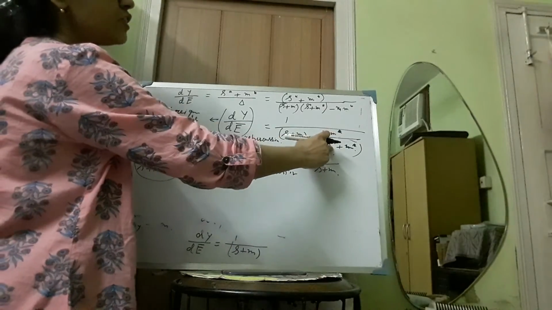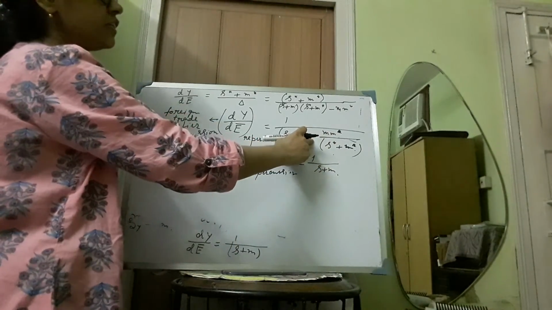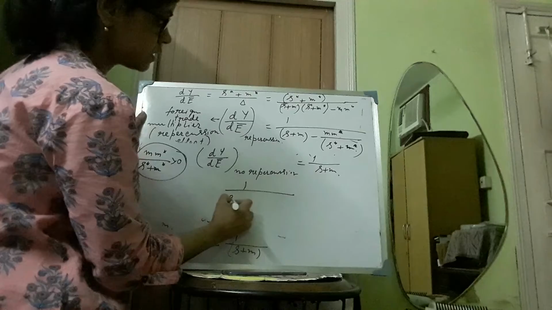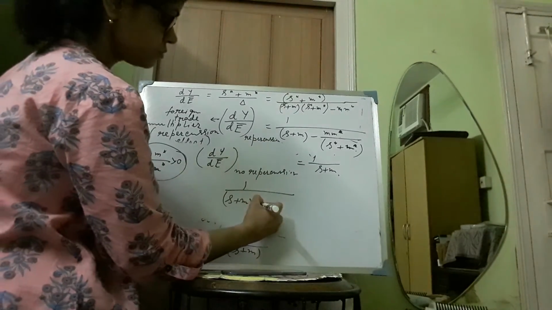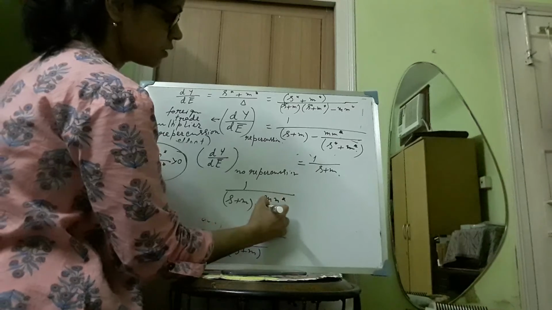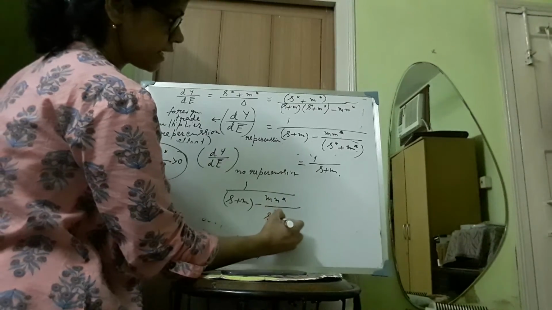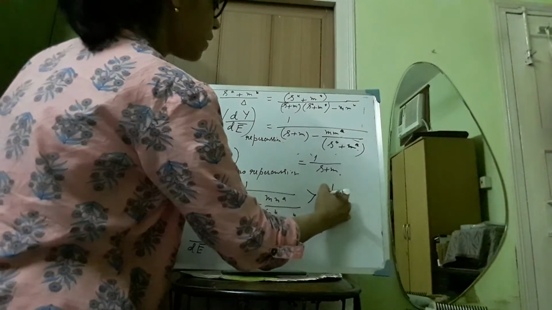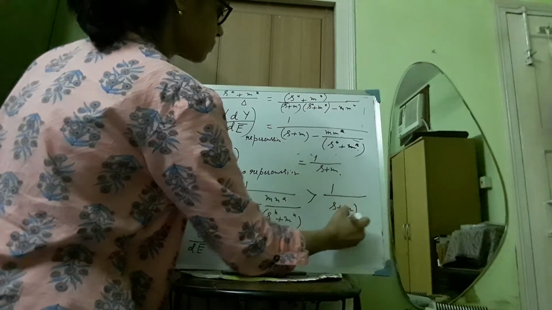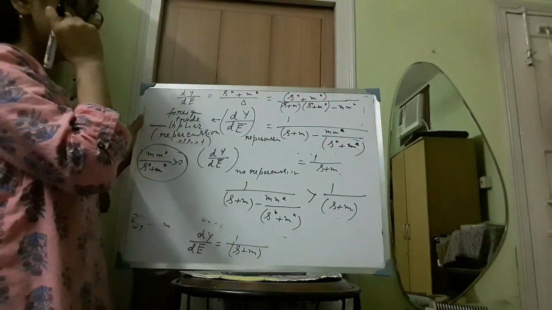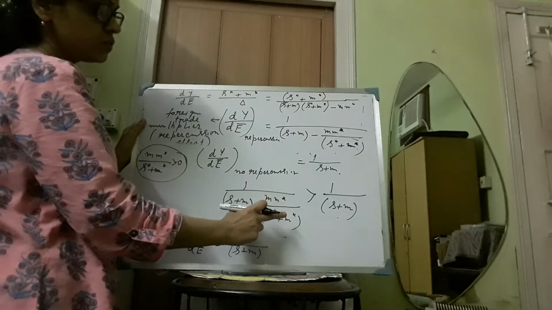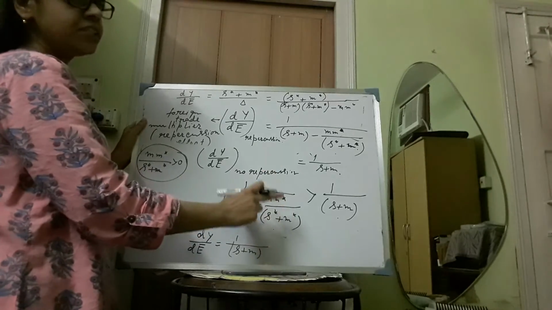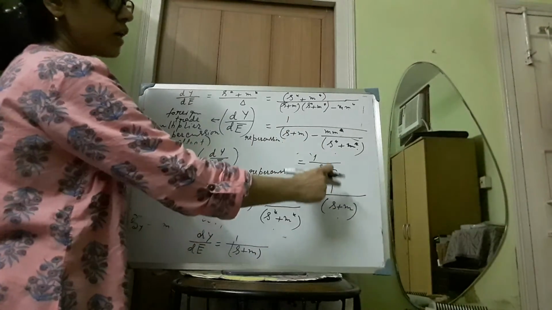So therefore 1 over s plus m minus m star over s star plus m star is greater than 1 over s plus m, because the denominator is now less in value, and this is the reciprocal, so the whole term is greater in value as compared to 1 by s plus m.